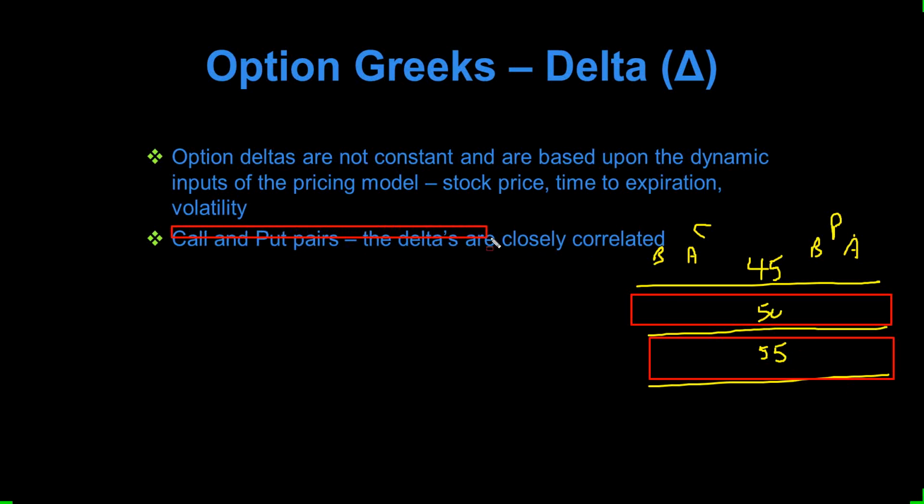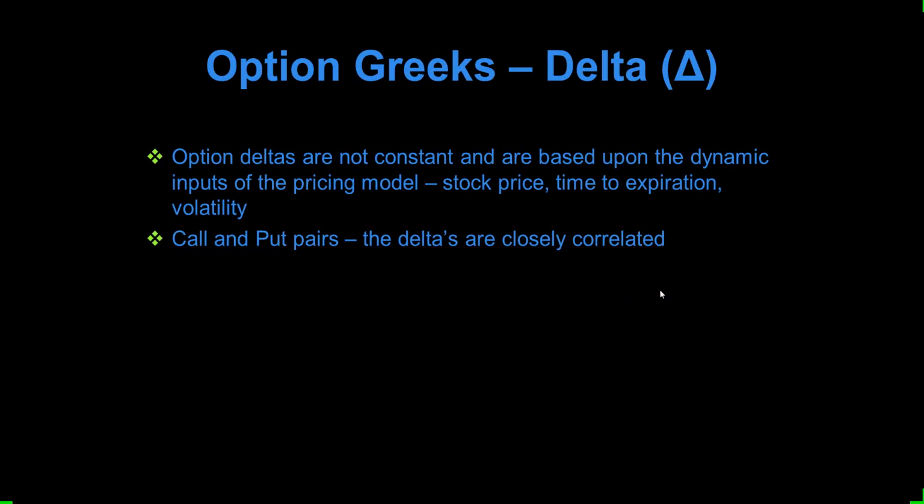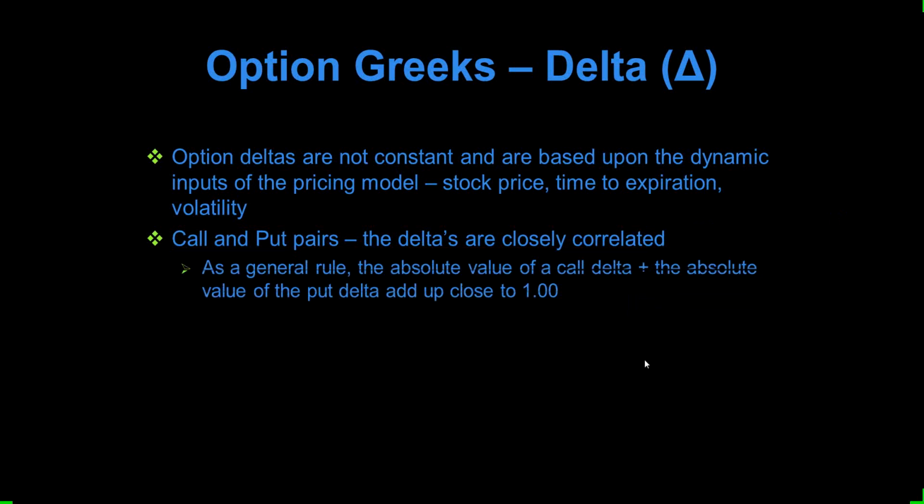This right here is very key in deriving option price, and that is used in creating synthetics. Essentially, as a general rule, the absolute value when you add up a put and a call delta, you're going to come pretty much right up to 1. So you may have a call delta of 60 and a put delta of -40 at a put-call pair, and you add them up and you come to 1.